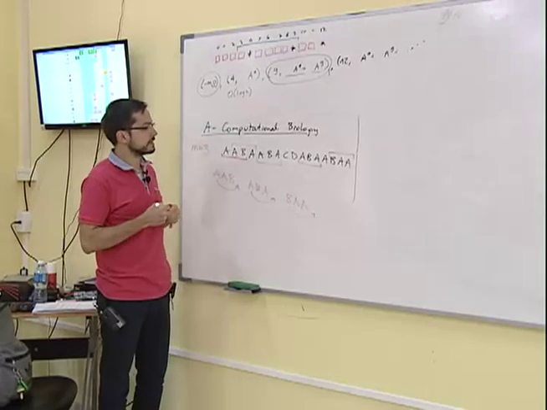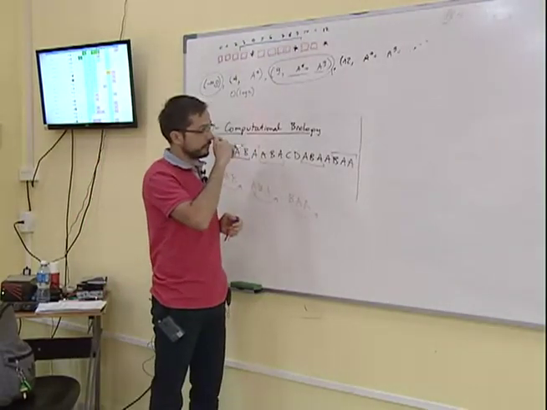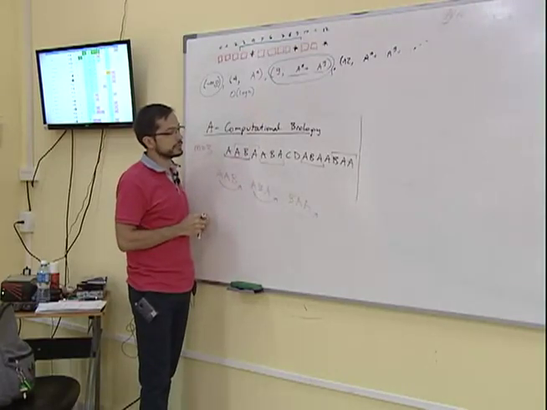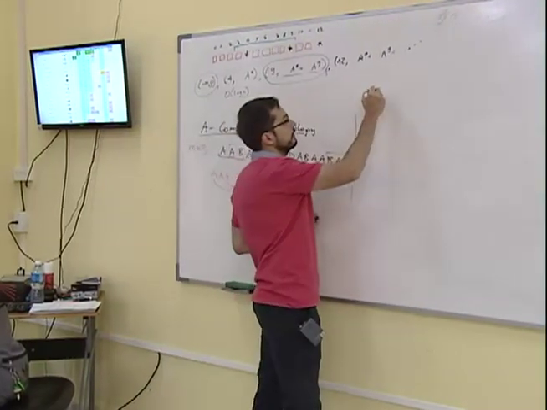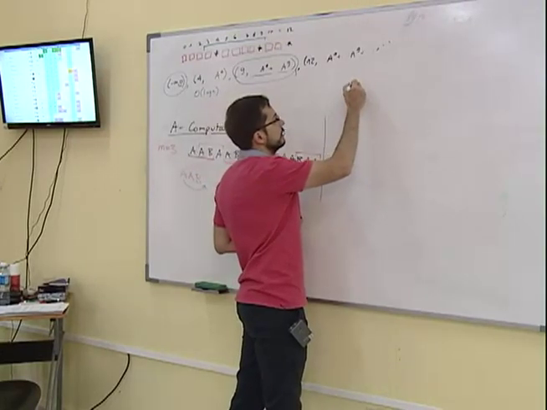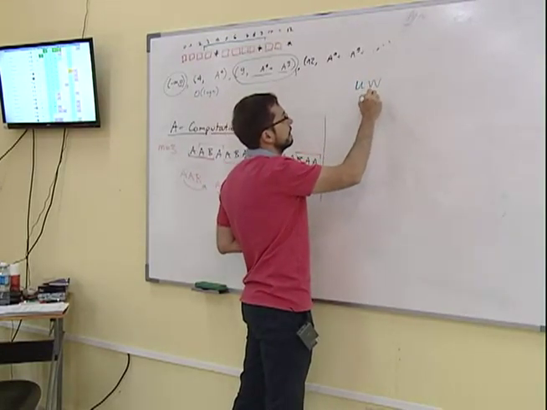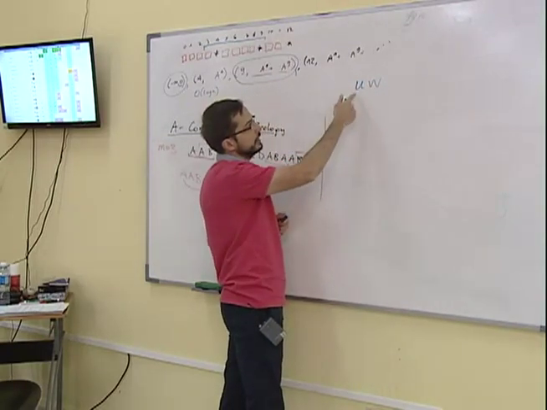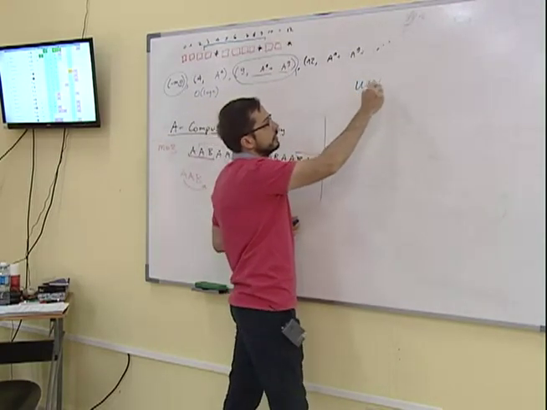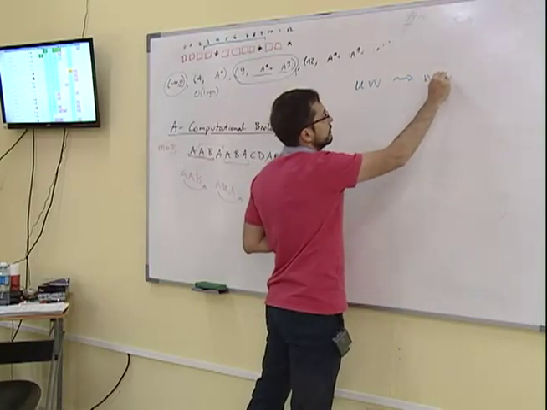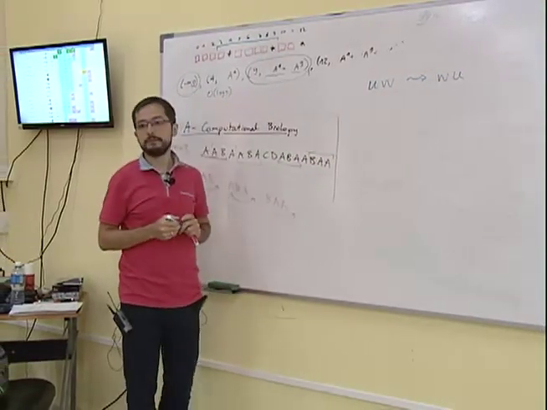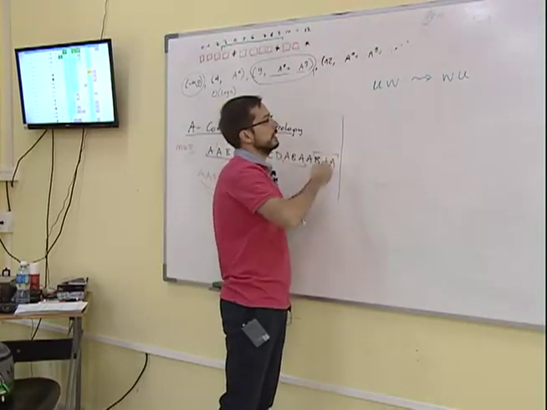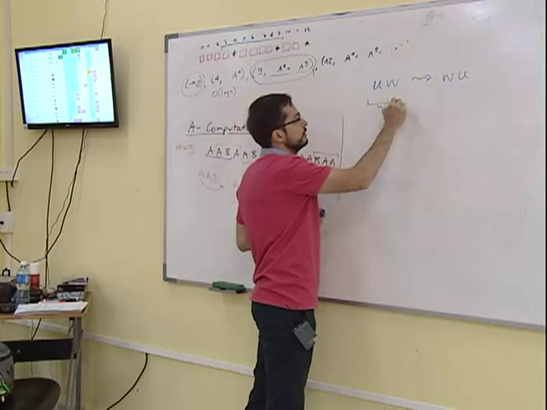So if you have this notion of producing cyclic rotations, basically if you have a word uv, which consists of two parts, you know that you can cyclically rotate it to obtain vu, right? Because you're just taking letters from the word u, so here is u, here is v.